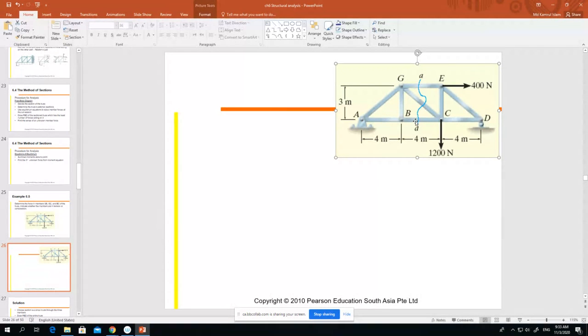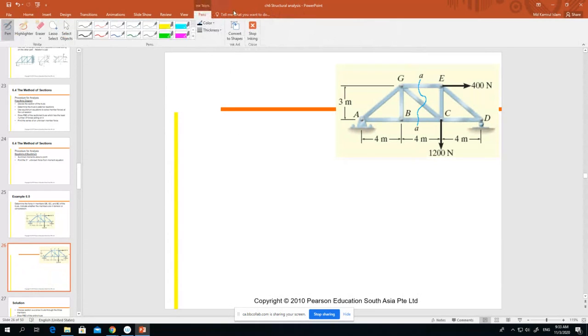They're asking us to find FGE, FGC, and FBC, the result and magnitude, and whether it is tension or compression. We have to find it first.